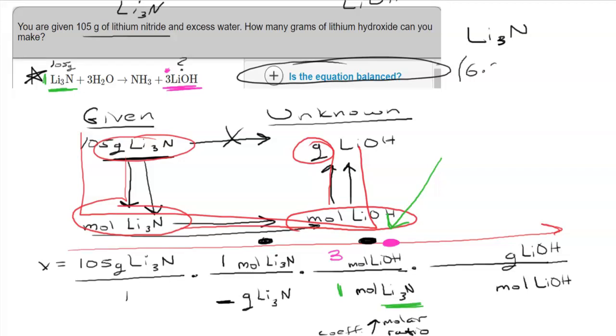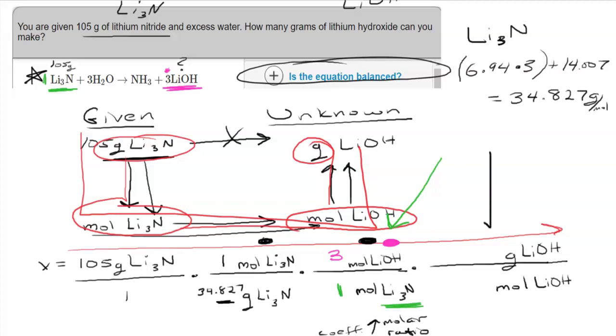Lithium weighs 6.94 grams per mole, but I have 3 of them, plus the weight of 1 nitrogen, which is 14.007. If I add all that up, I get 34.827 grams per mole. So that number is the molar mass of lithium nitride.